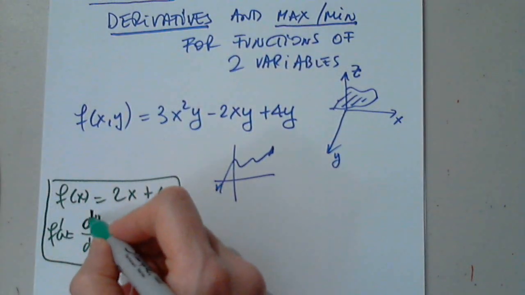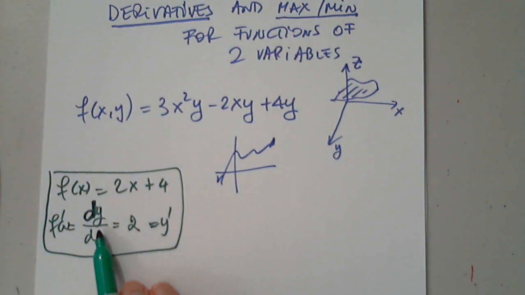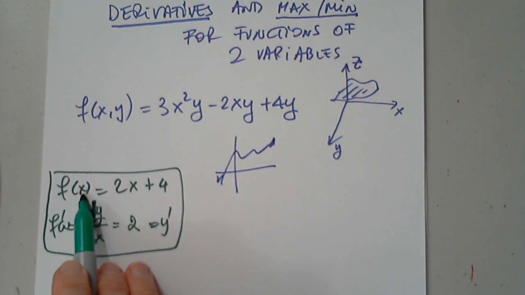This letter, normal d, refers to a function of one variable.